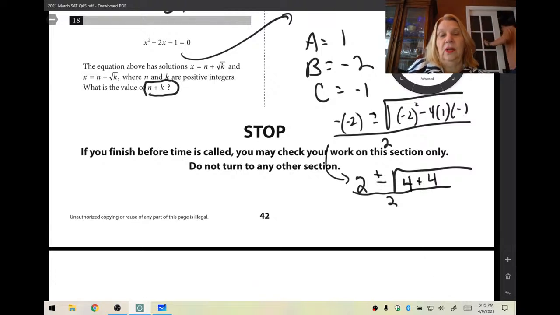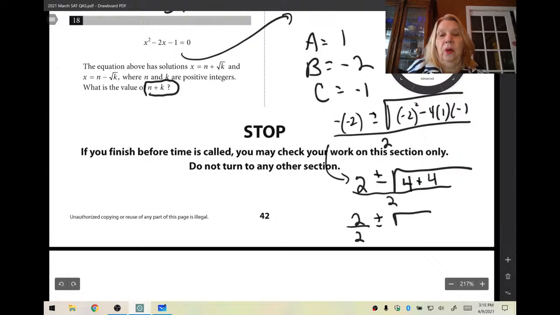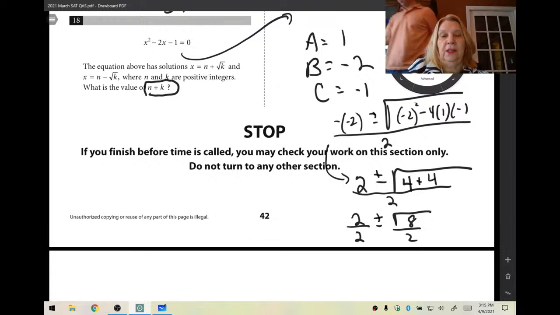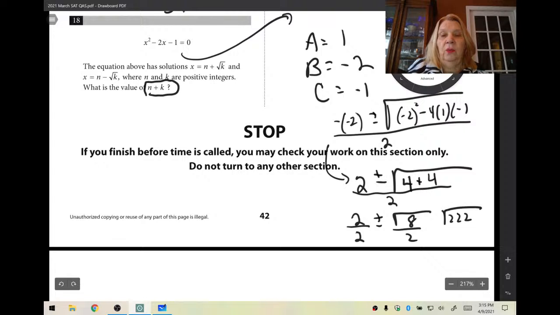Okay, so now we have to reduce this. So this will be 2 over 2 plus or minus the square root of 8 over 2. Now we have to simplify this. That's the tricky part. So that's going to be 3 2's under the radical, which we learned in the radical lesson.